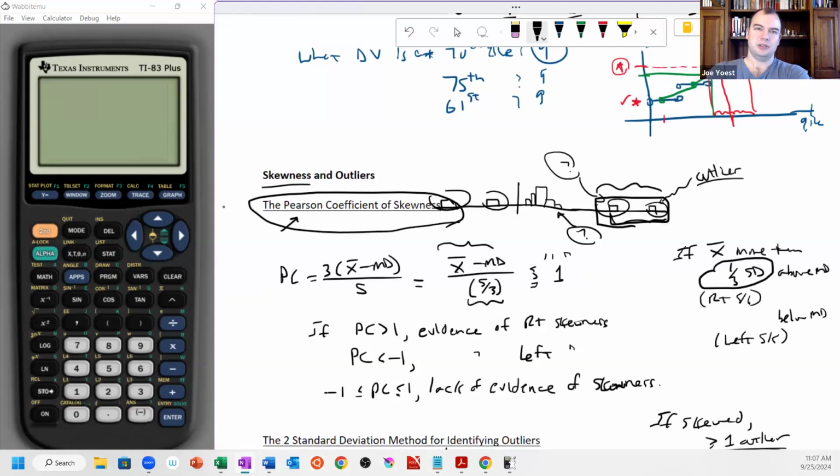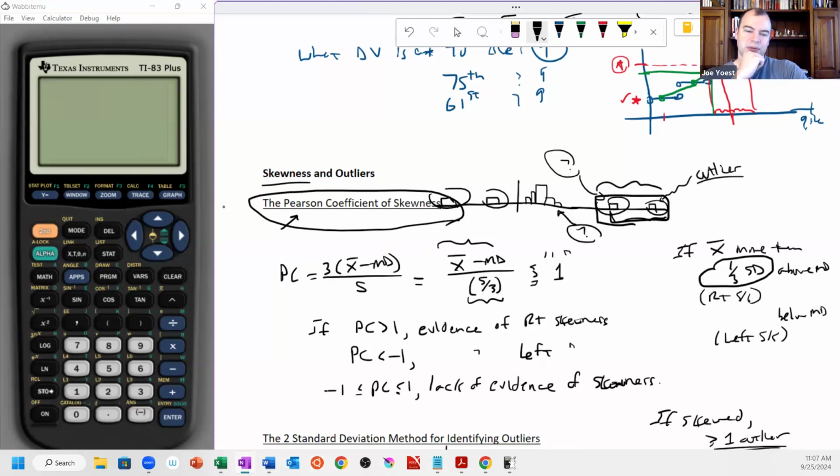So just looking at skewedness, or determining whether I have left skewedness, right skewedness, or seemingly lack of skewedness, really is not enough to tell me much at all about the outliers. The only thing I can really say is if I'm skewed one direction, then my data value that is the furthest in that direction ought to be an outlier. But that's really all I can say.